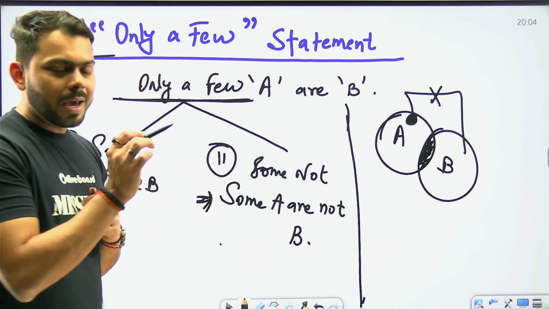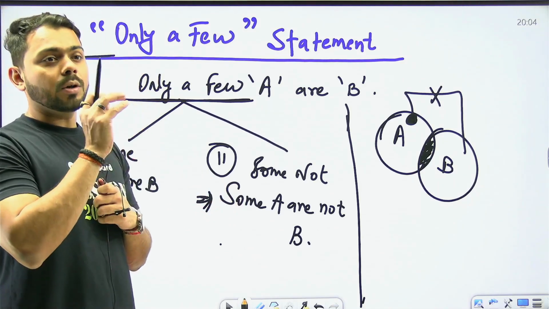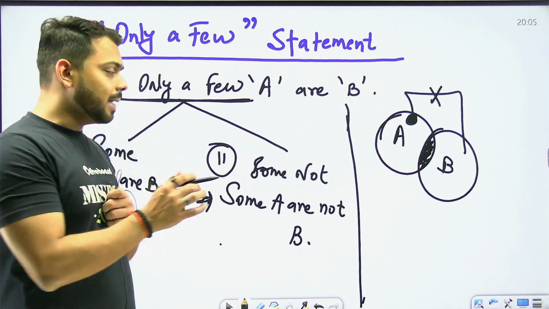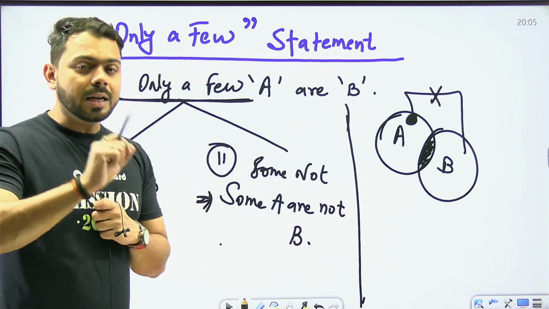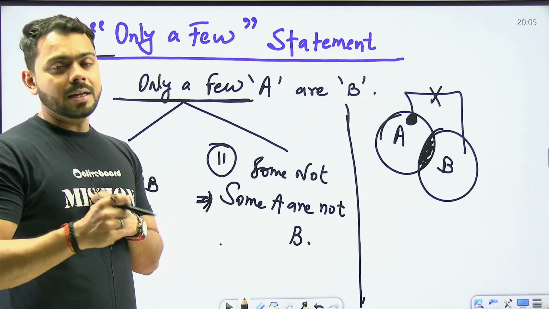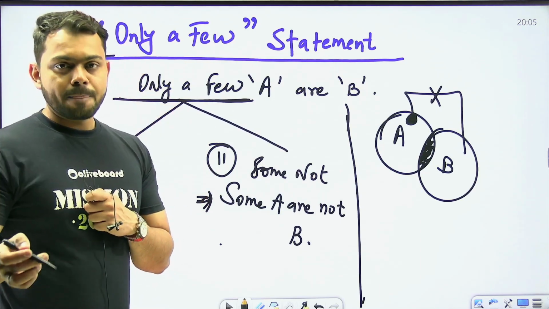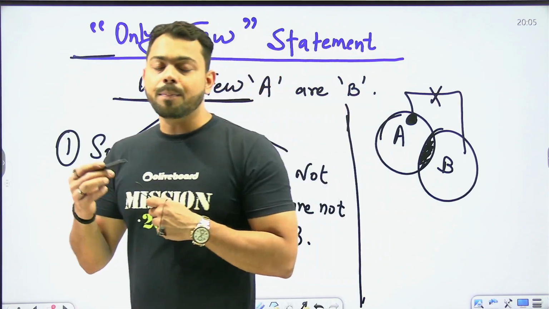If it is given some A are not B, that means some part of A is definitely not B. It has been said in the question itself that some part of A is definitely not B. Then we can never define "all A are B" as a possibility.